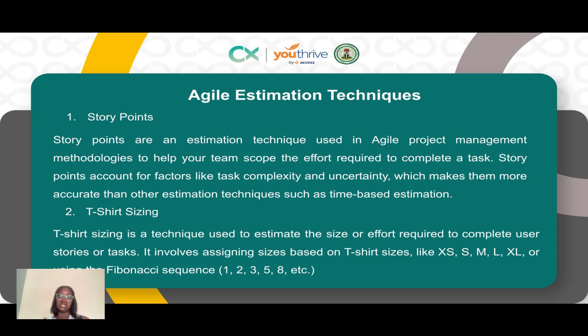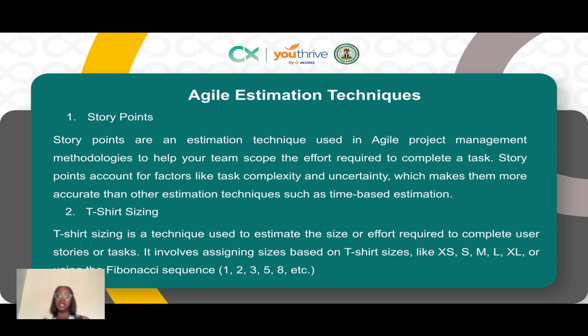There's also the t-shirt sizing estimation technique, which is used to estimate the size or effort required to complete a user story or task. It involves assigning sizes to a task based on your estimation of how much effort it will take.